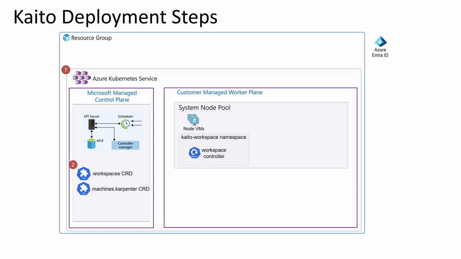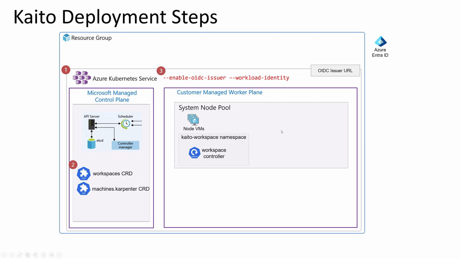So this workspace controller will watch for the model preset YAML I just showed you. The workspace controller also creates a Karpenter machine resource, which triggers the GPU provisioning. And then it creates the inference or tuning workload based on the model preset configuration.